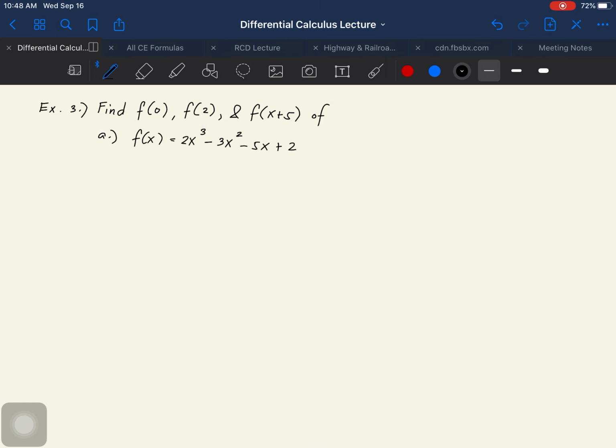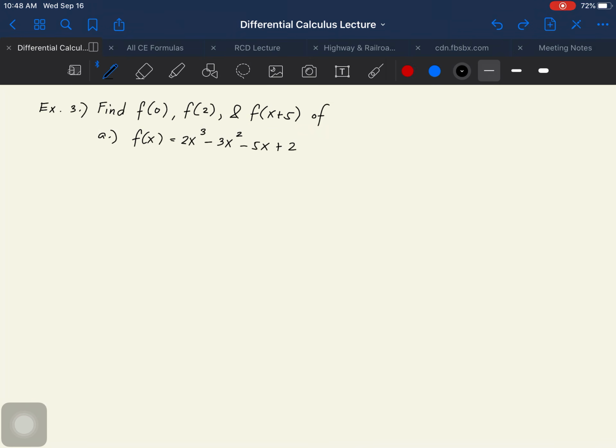Okay, so the equation is getting longer and longer. So how many values are we going to solve? How many? There's 1, 2, and 3 values out of this one equation. Okay, so let's start.